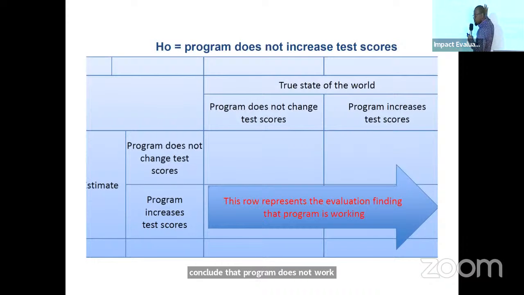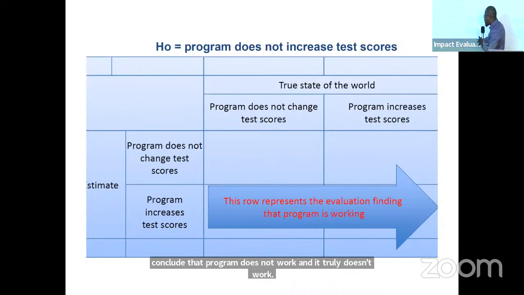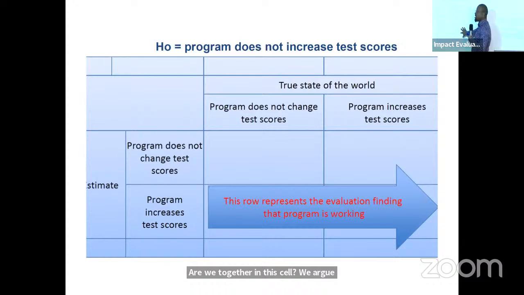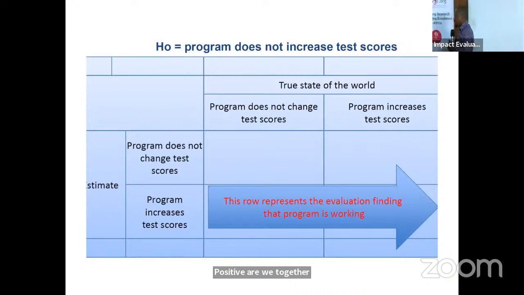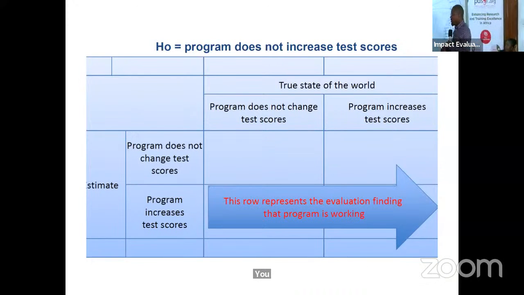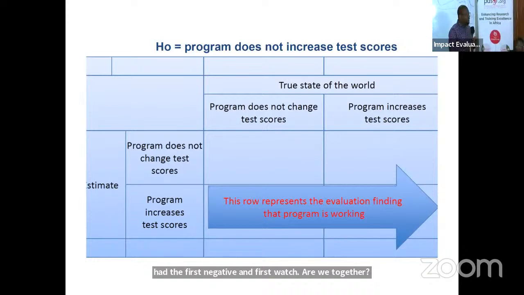Are we together? In this cell, we argue that the program increases test score, but in reality it doesn't. So this is a false negative, this is a false positive. Are we together? You have heard of false negative and false what? Are we together? Online, are you following?